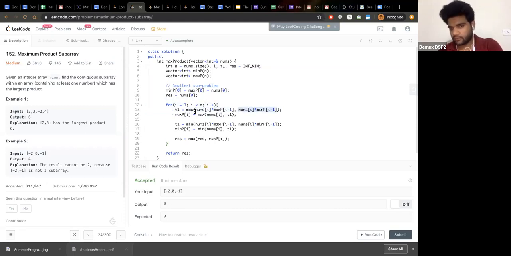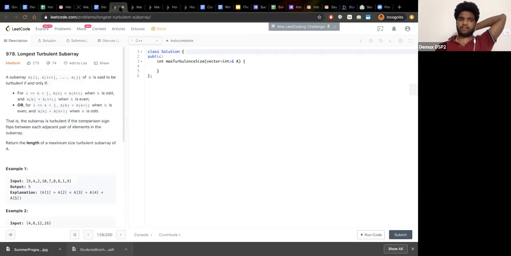That would be for max. For min also you would have to do that: if nums i is negative, then take this; if nums i is positive, then take this. I have just encapsulated both of them in this max. So now try 978, this question.